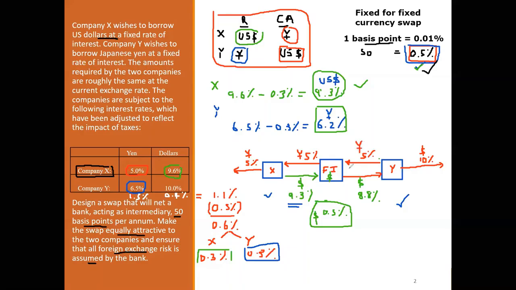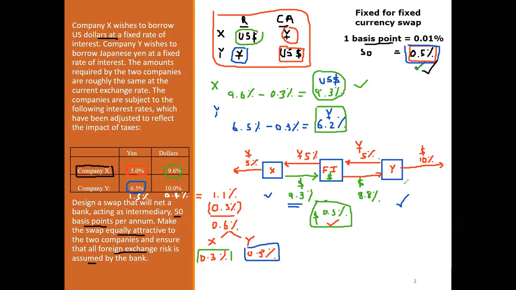to the financial intermediary. So now if you look at X's cost, company X's cost is 9.3% in dollars. The financial intermediary's return is only 0.5% in dollars, because in yen there is no return; the yen cost is received from Y by the financial intermediary, so that it has its return only in dollars.